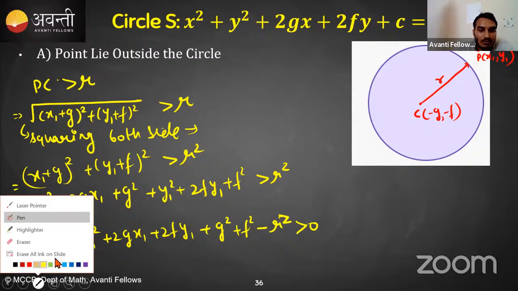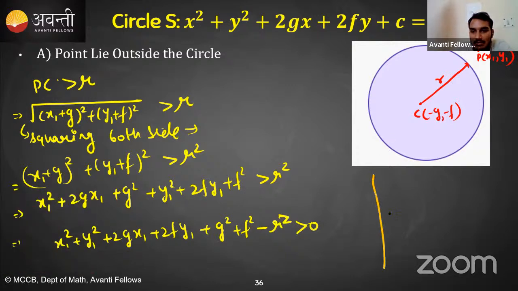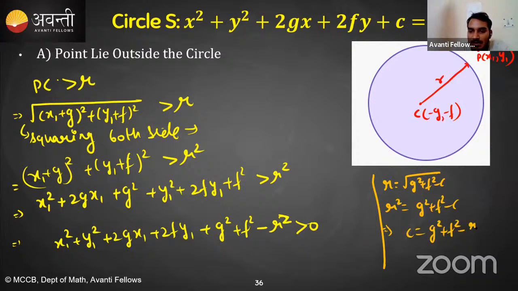Very quickly, if the radius of the circle is r, what does this mean? The radius is nothing but under root of g square plus f square minus c. So r square is g square plus f square minus c. So from here, what is c? g square plus f square minus r square is c only, right?